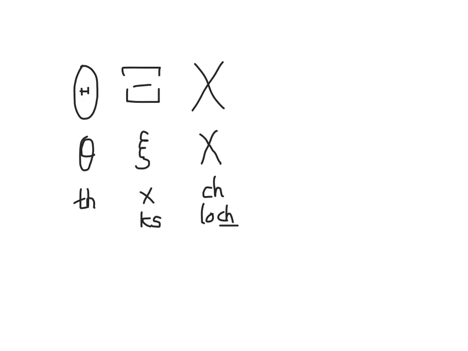The next one is a phi. This is a simple circle with a vertical line going right through the middle of it. The capital version is the same but bigger, sometimes with these little lines across the bottom and the top. So it's a phi, its sound is f, or it can be transliterated as an f in English.